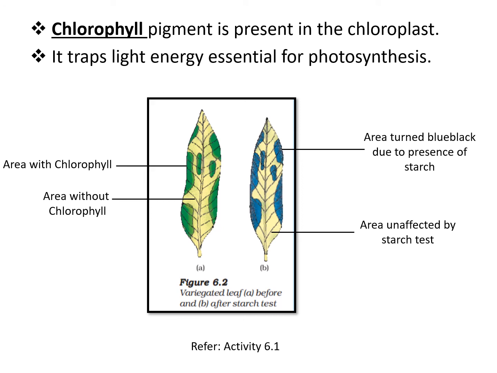Now, if you pluck a leaf from the plant, mark the green areas in it and trace it on a sheet of paper, and then take this leaf and boil it in water for a few minutes. Why do we boil? We boil so that we kill the cells in the leaf. And then we dip the leaf in alcohol.